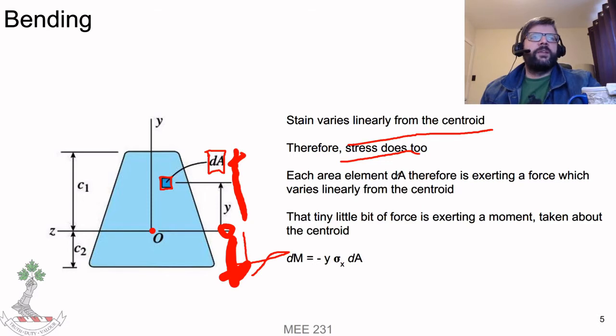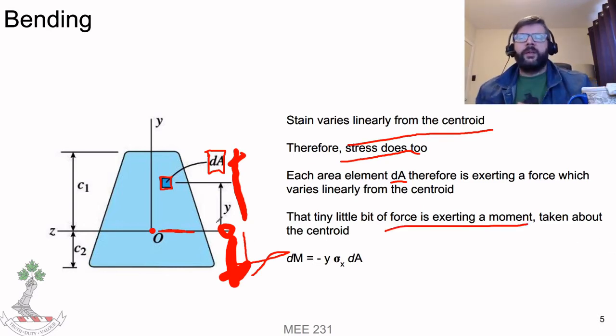That tiny little cube has a stress that is exerting a force, and when we take a moment about this axis, that little force is going to exert a moment about it. That will be equal to the stress at that point times the area, which gives us our force, times the y distance.